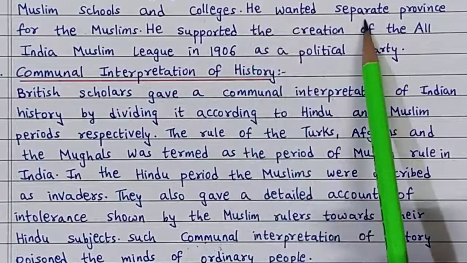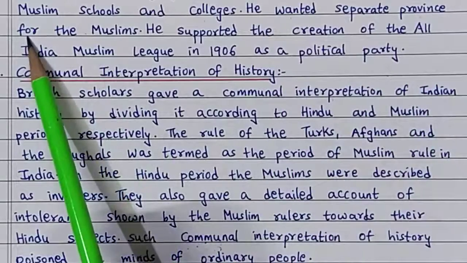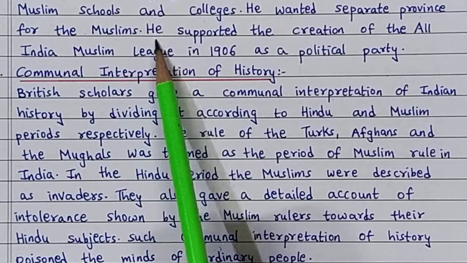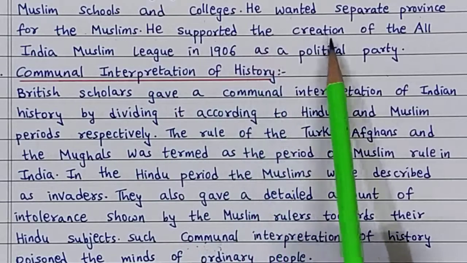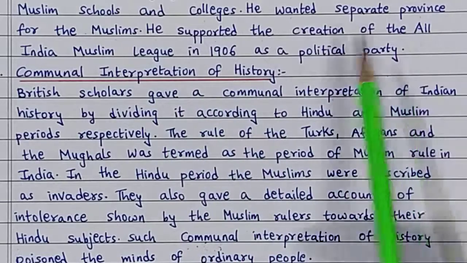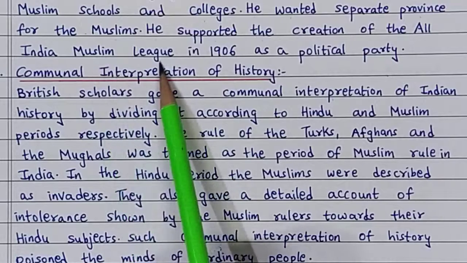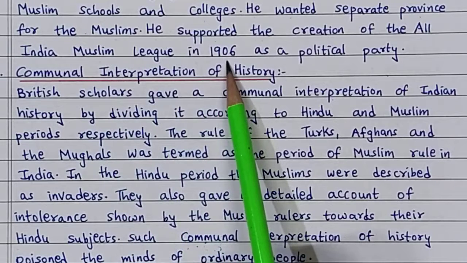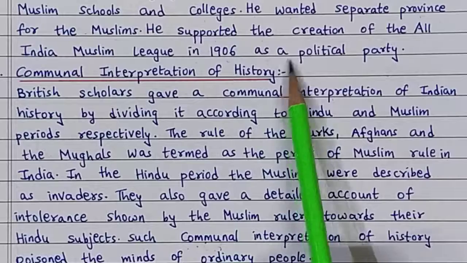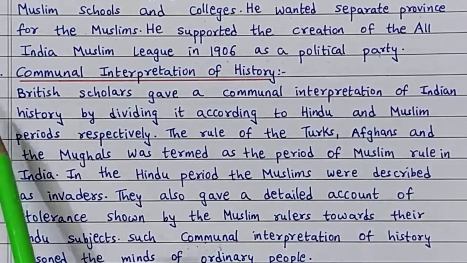He wanted a separate province for the Muslims. He supported the creation of the All India Muslim League in 1906 as a political party.